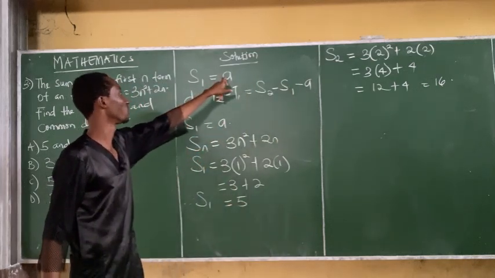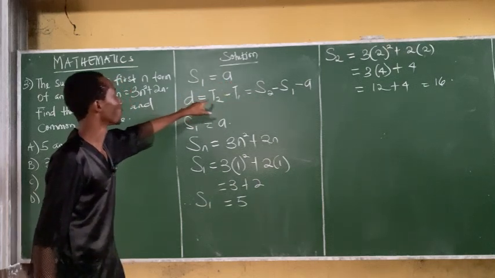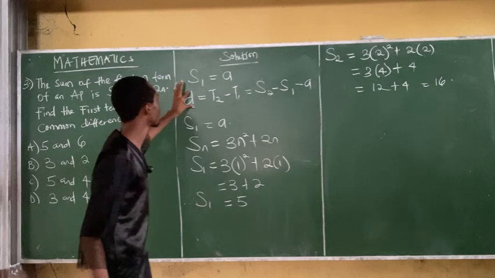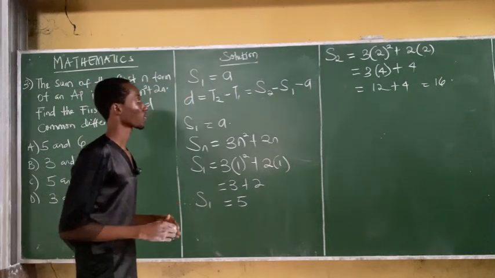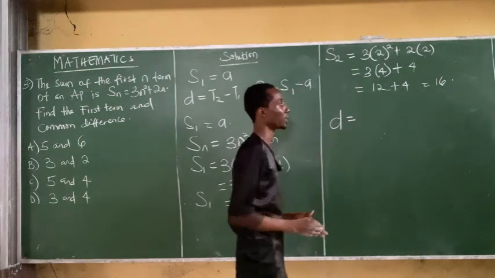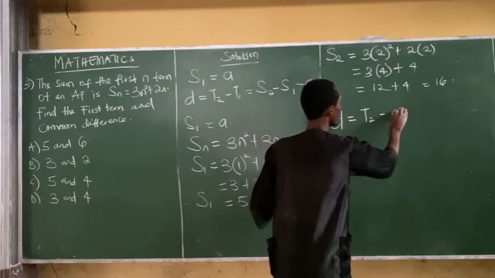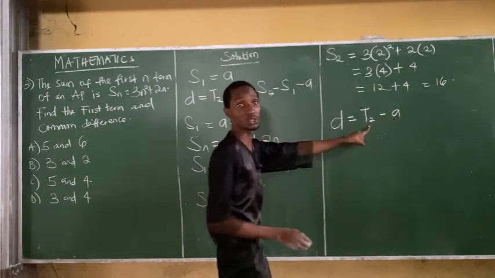Now we have gotten the value for the first term, which is S1, the first term A. We have gotten the value for S2 and T1. Let's find the common difference D. Now the common difference D is given by this formula: T2 minus A. We know our value for A, but we don't know the value for T2.